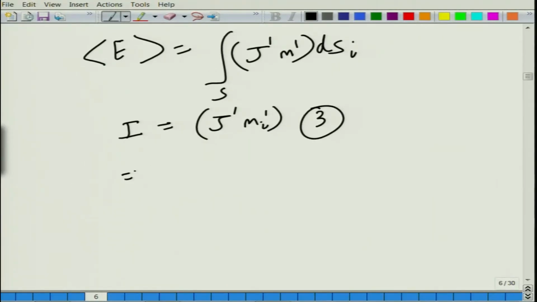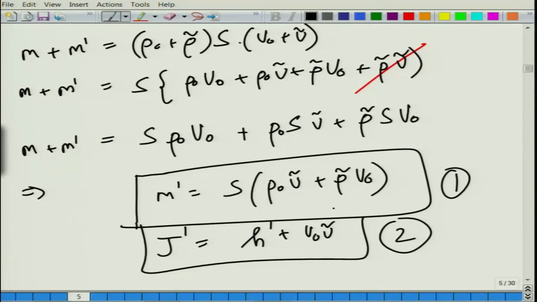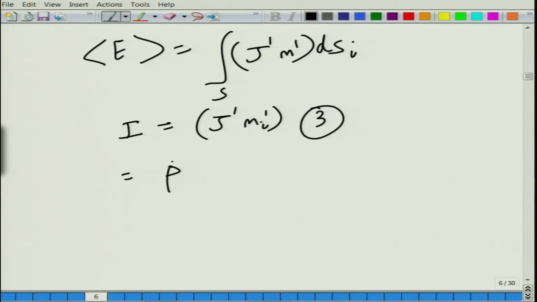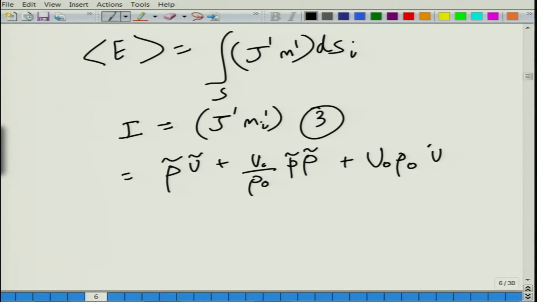Once we do that, after some algebra, which I am going to avoid doing here, we will get p dash and u tilde, and then u naught divided by rho naught and p tilde and rho tilde, plus u naught rho naught times the square, plus u naught square times rho tilde, and this is of course this thing.